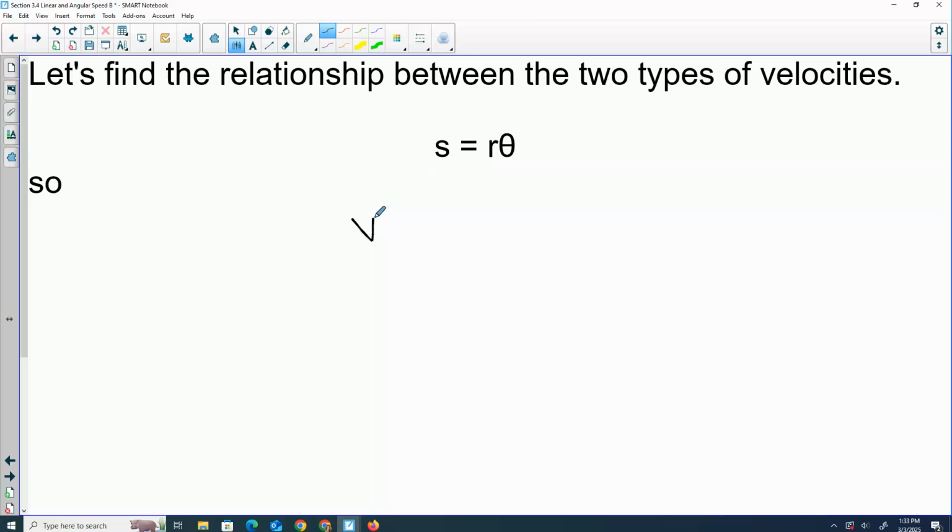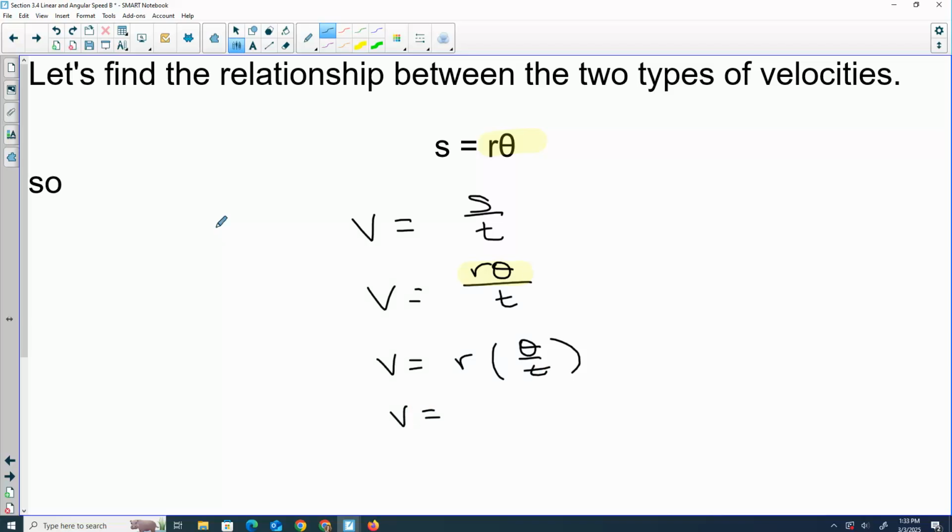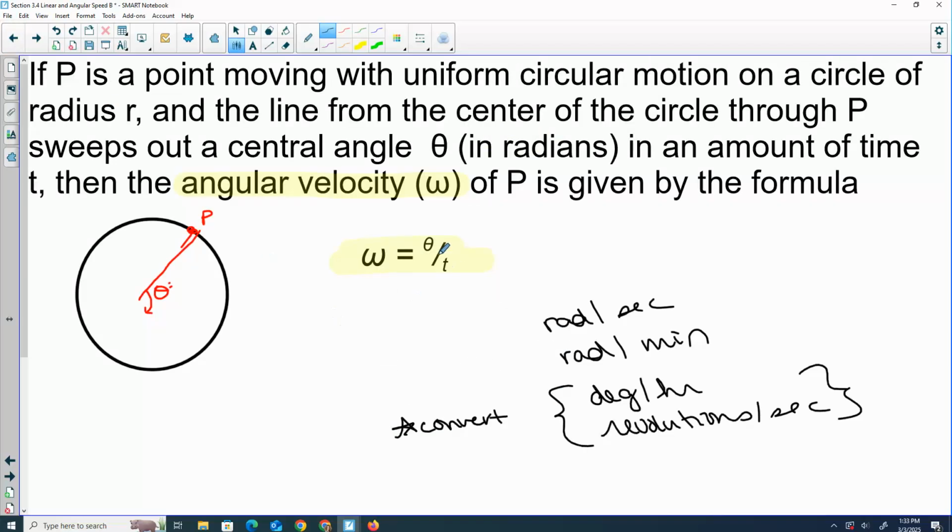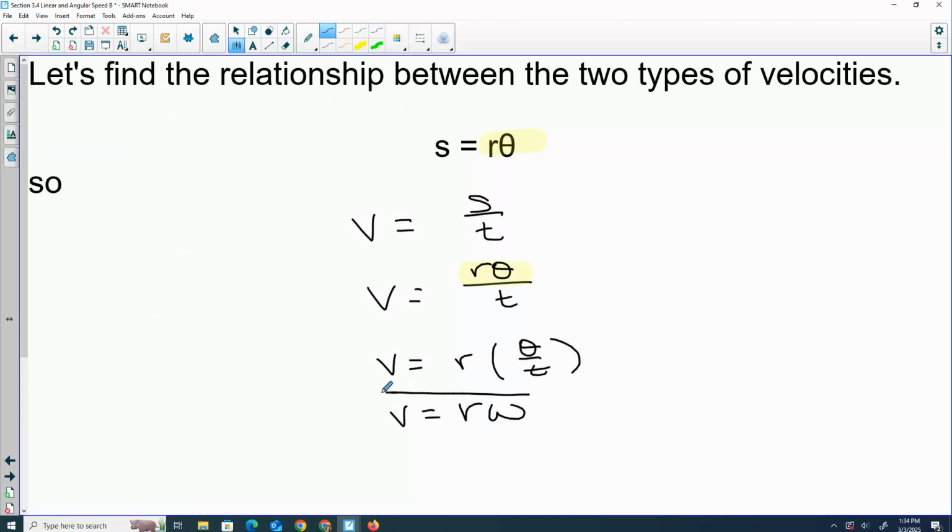So if we use the first formula, V equals S over T, and we substitute in S is R theta, what is theta over T? Theta over T is angular velocity, or the omega. So this is the third formula we're using today. V equals R omega.